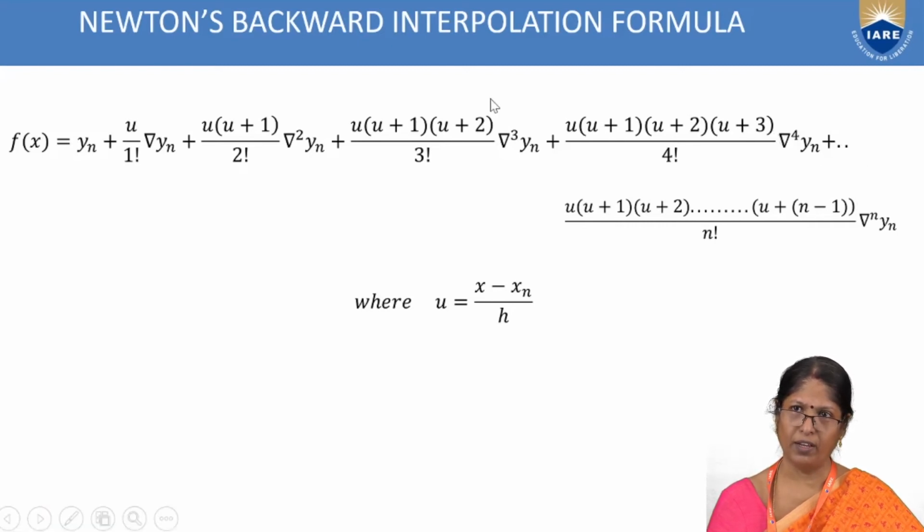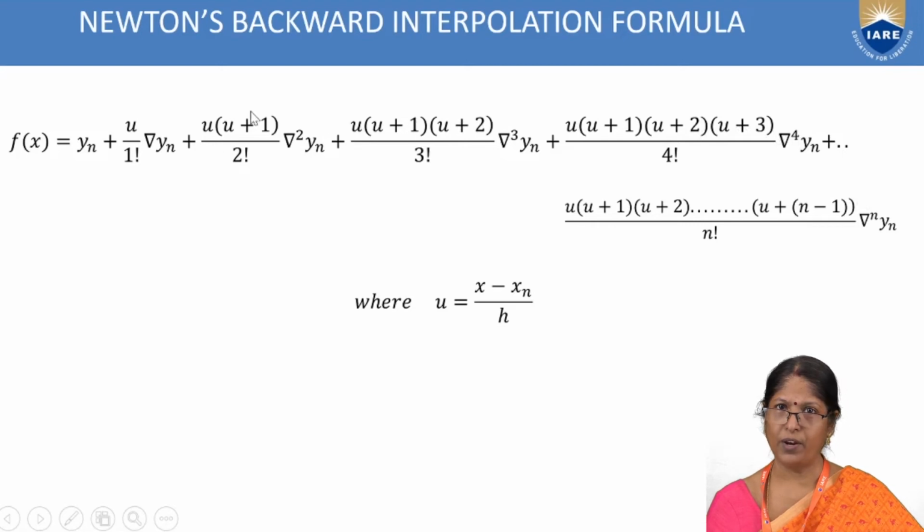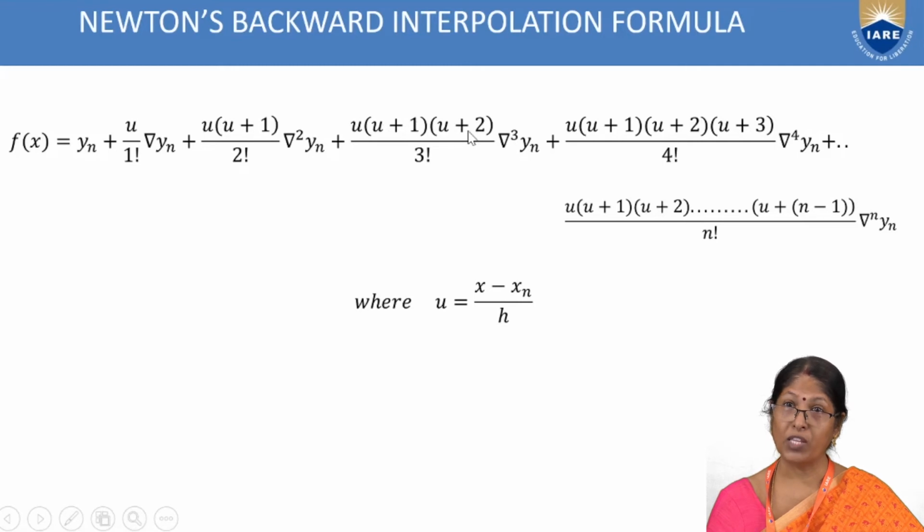You can see here u into u plus 1 is completely written, then plus 2 is added. Next, everything is written and plus 3 is added. Then we write everything and u plus 4 is added. Here 3 factorial, 4 factorial, and next automatically 5 factorial into del power 5 yn, plus and so on.